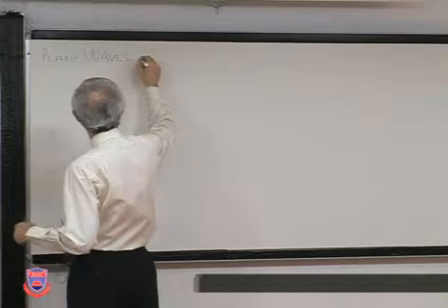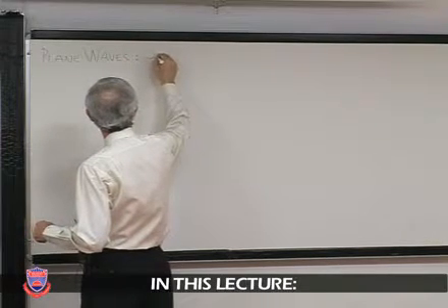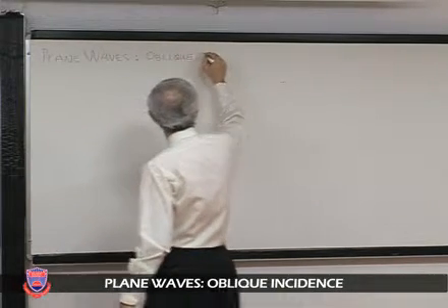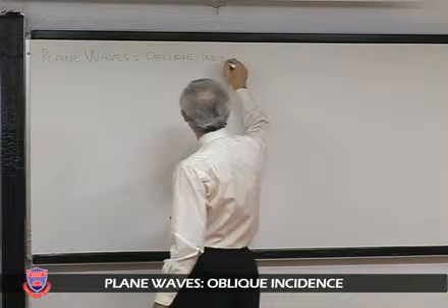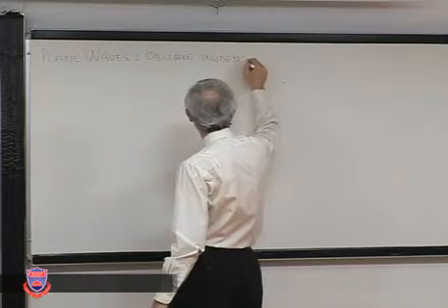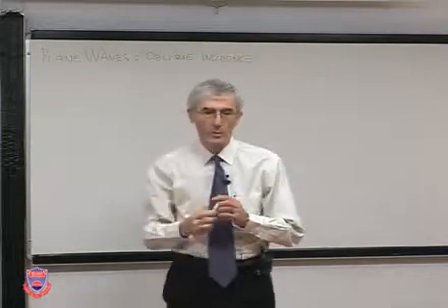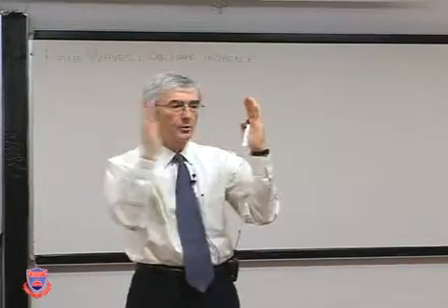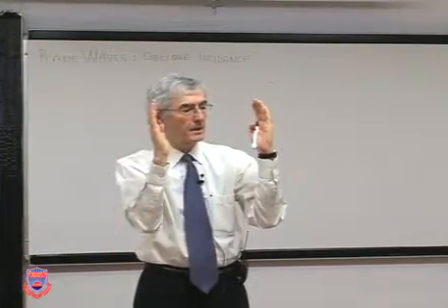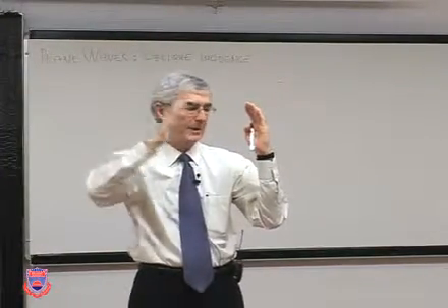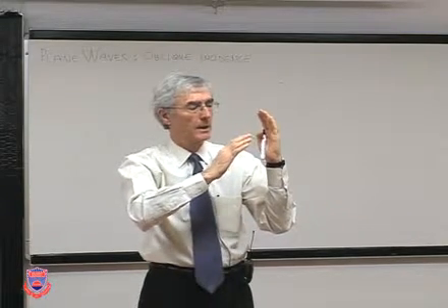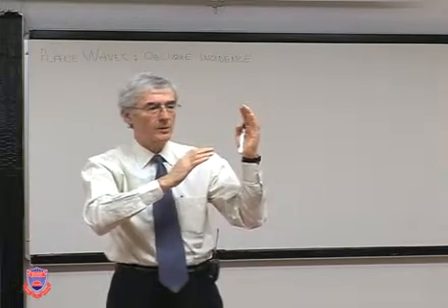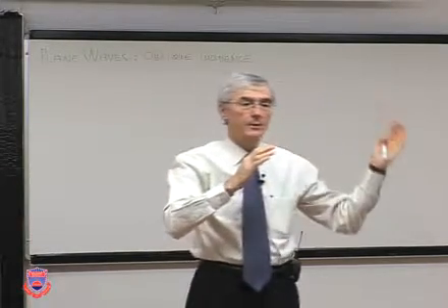We will talk about what happens if a plane wave is no longer normally incident on a surface but comes at an oblique angle, and what happens if this is a rigid surface or a pressure release boundary, or if it is a different type of fluid.